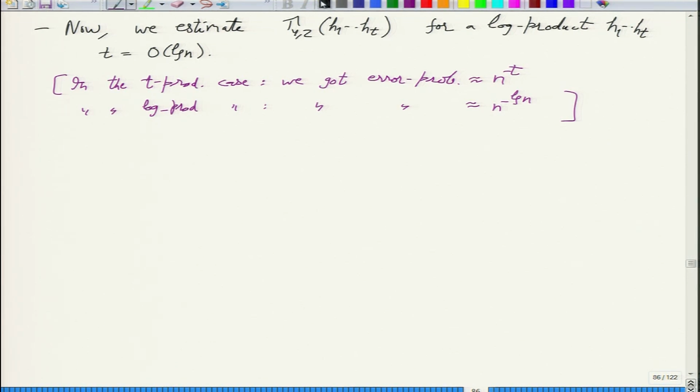Okay. So some more details here. Around half of log n, this is coming from log of square root n.